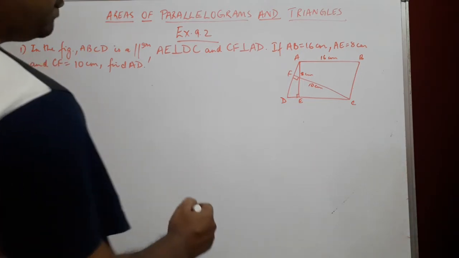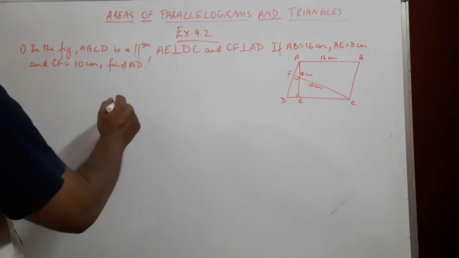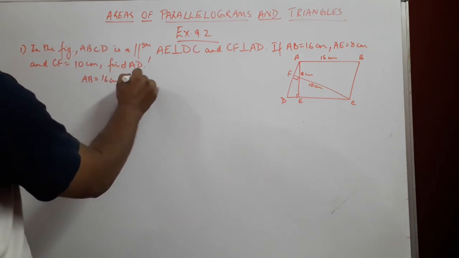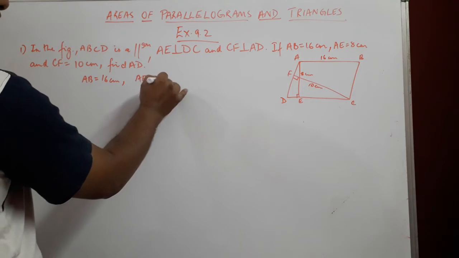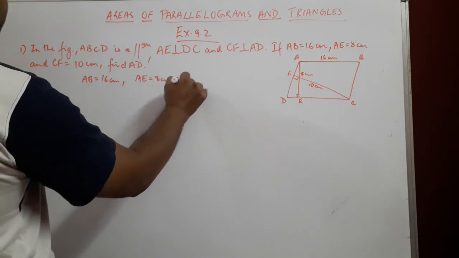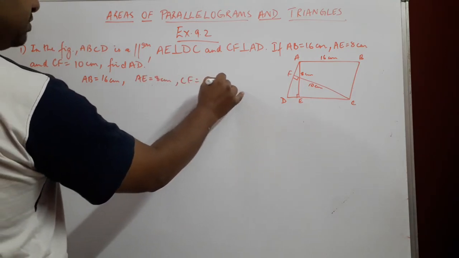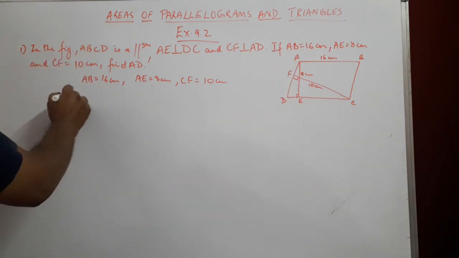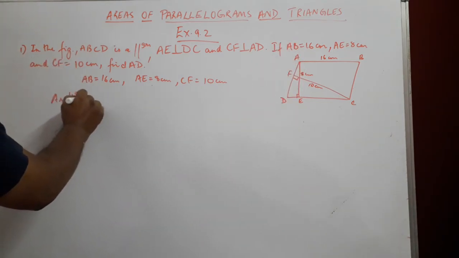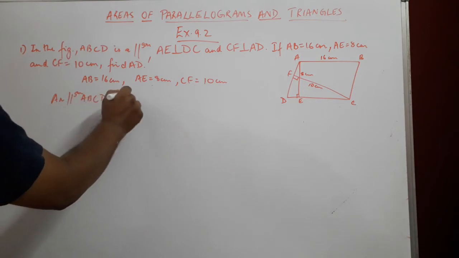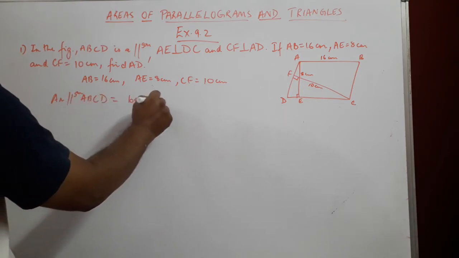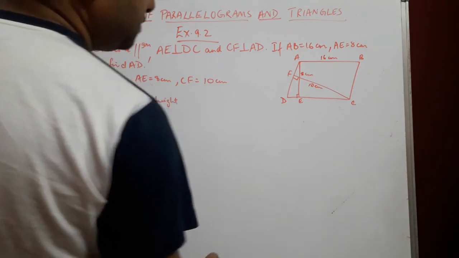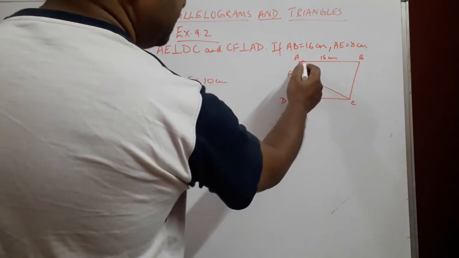So let's begin with what we have got. We'll just list down what we have got. We've got AB equal to 16 centimeters, then AE equal to 8 centimeters, and CF is equal to 10 centimeters. Now if we are going to take the area of the parallelogram ABCD, it is given as base into height, and if we take the base that has been given, we have been given AB.